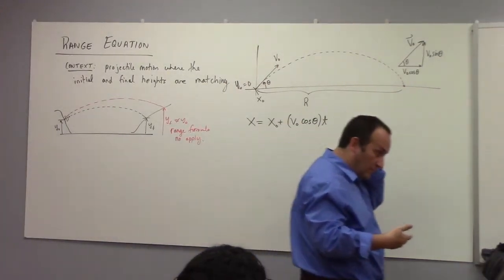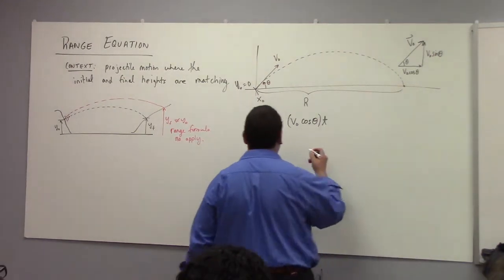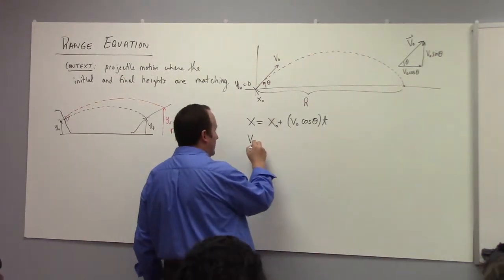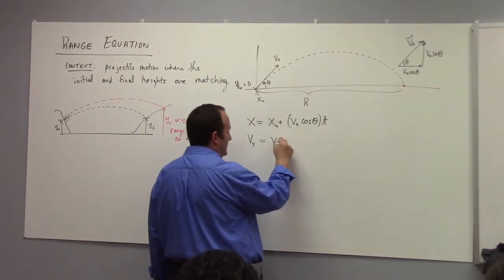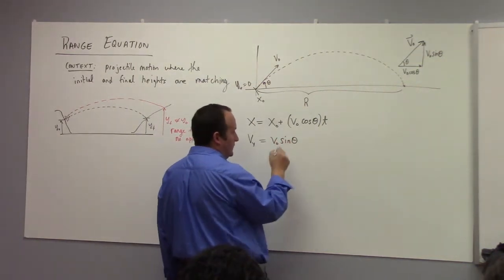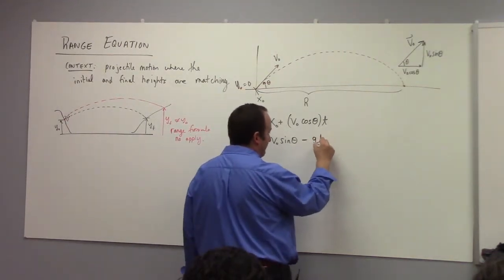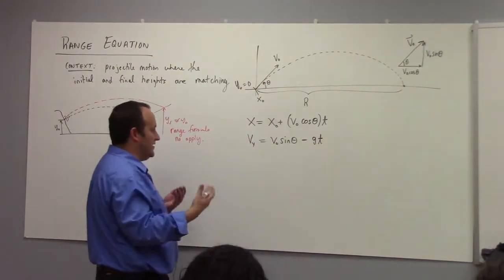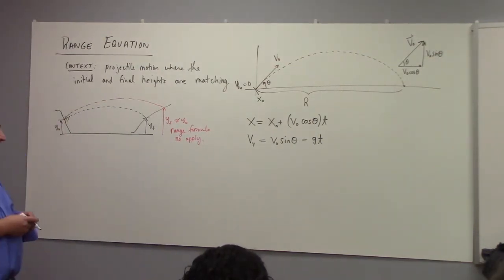What's the formula for the y velocity while we're at it? Vy is equal to v naught sine theta, because that's the initial y velocity, and then minus gt. So this is velocity as a function of time. Those are the kinematic equations for the y velocity and the x position.